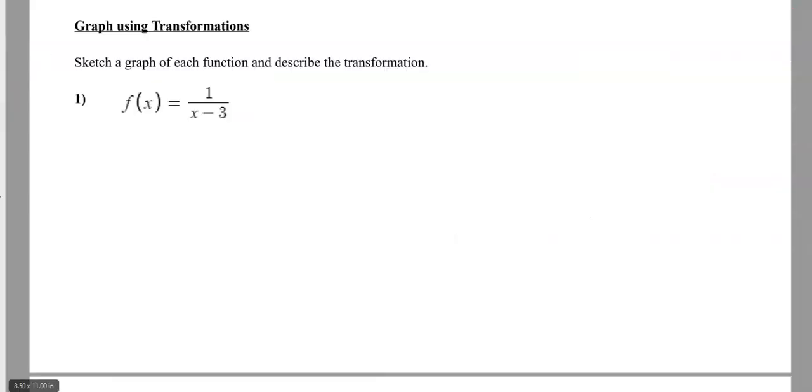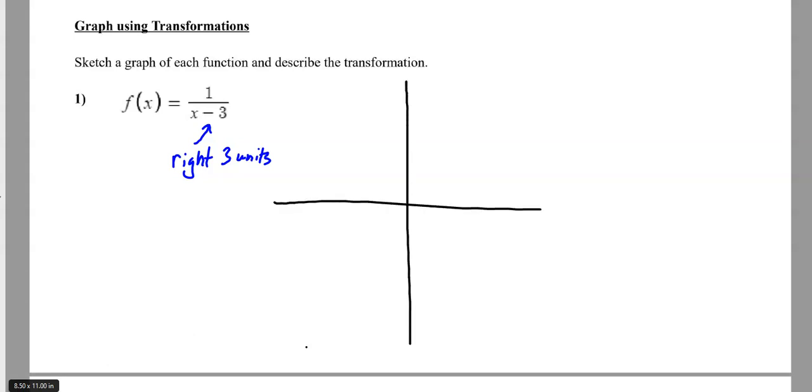So that kind of gives us one of our first rules. And it basically says that if you have a number down here affecting x, it's kind of like it was with quadratics. It's the opposite of what you would think. So when the x is being affected by a minus 3, that means it's going to move to the right 3 units. So sketching a graph of that, I'm like, all right, it's no big deal.